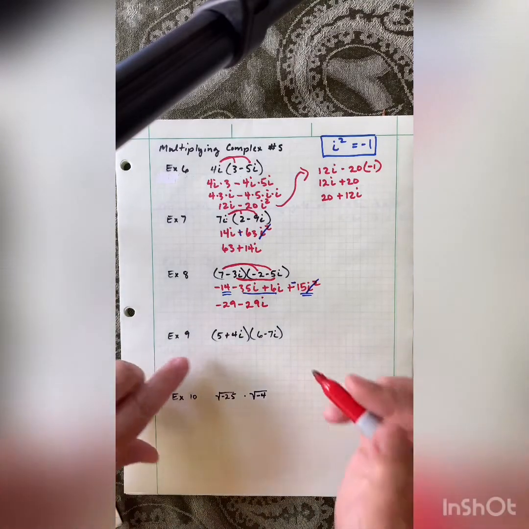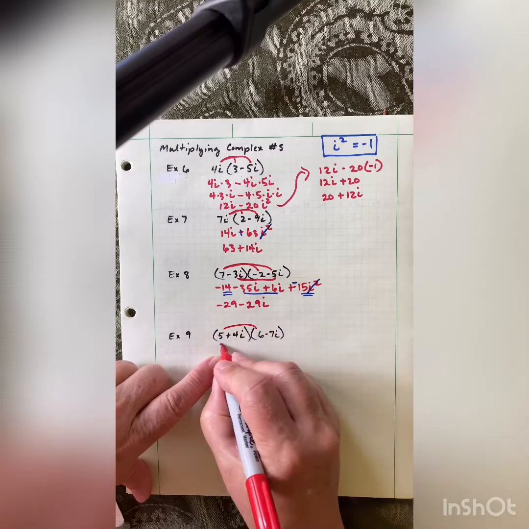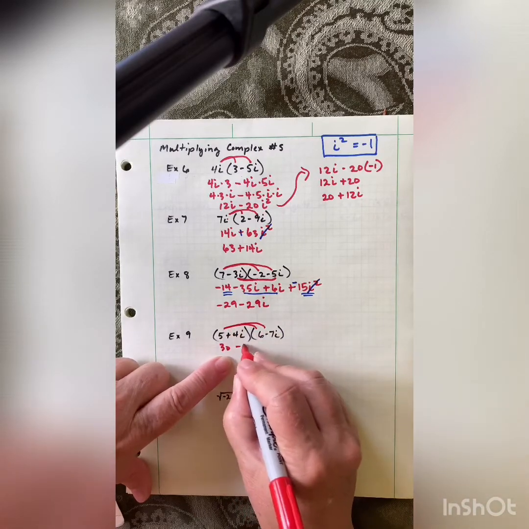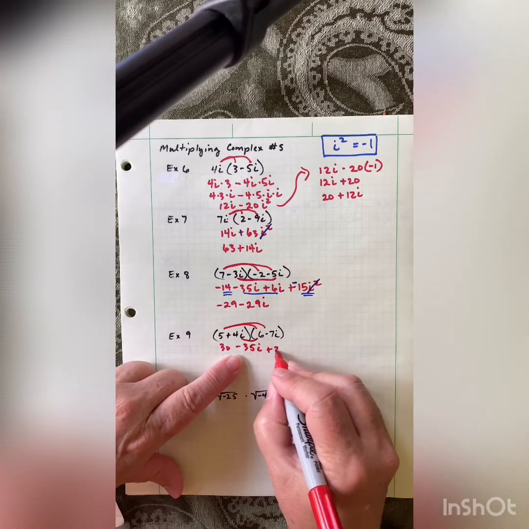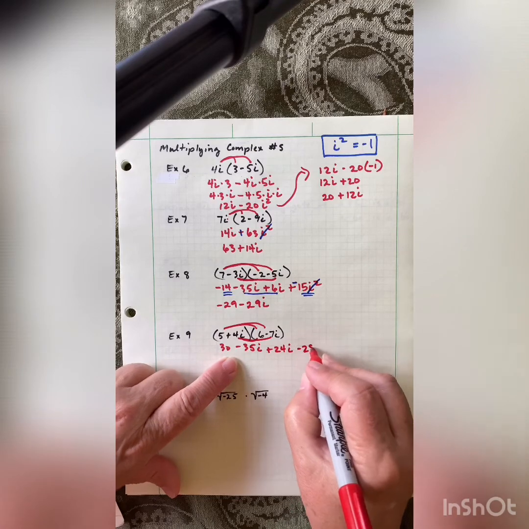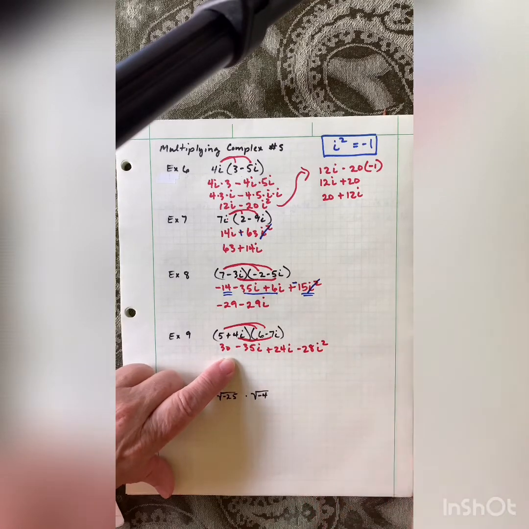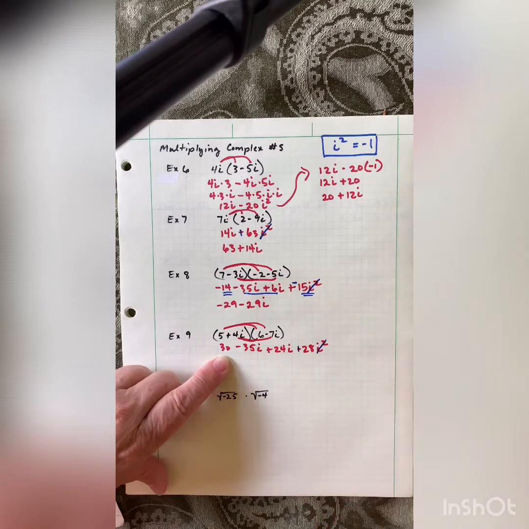Okay, next one. Same type of thing, okay? So I got 30 minus 35i plus 24i minus 28i squared. i squared's -1, so I'm going to change that sign. Then I'm going to put together like terms.